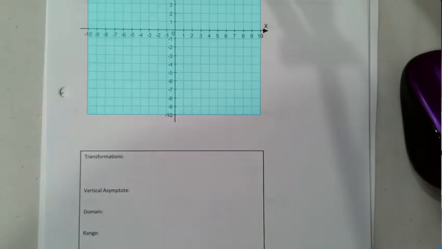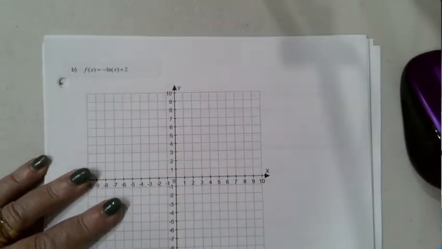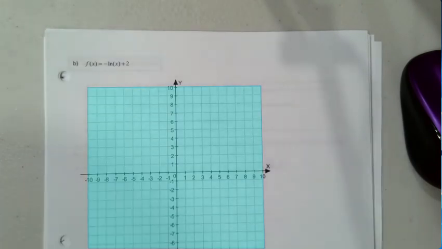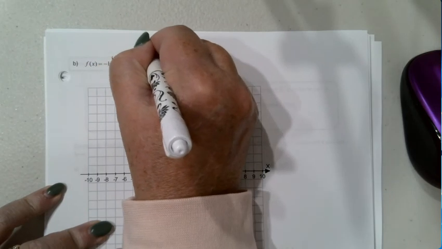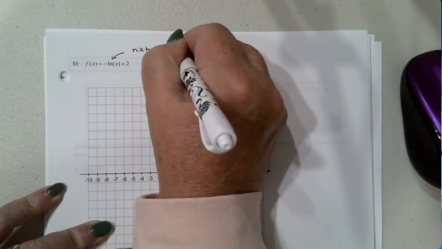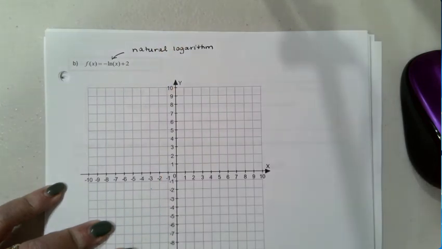All right, try one more. This one is a slightly different logarithm. I haven't talked about it yet, but we're going to go ahead and do that right now. That ln stands for a natural logarithm. And that is actually the inverse function for e to the x.